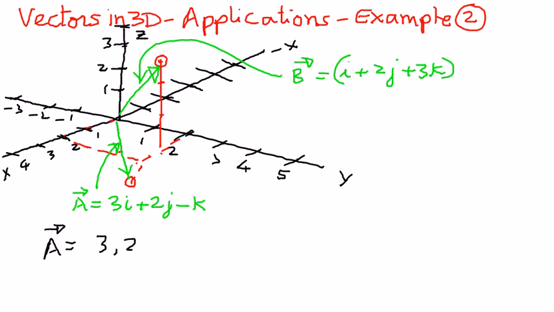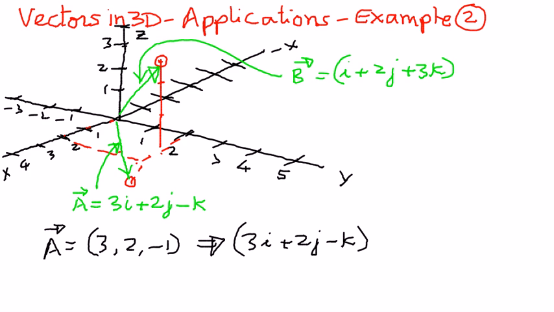3, 2, -1. We can also express this in terms of components of vectors as 3i plus 2j minus k, and I have represented that on the graph here.